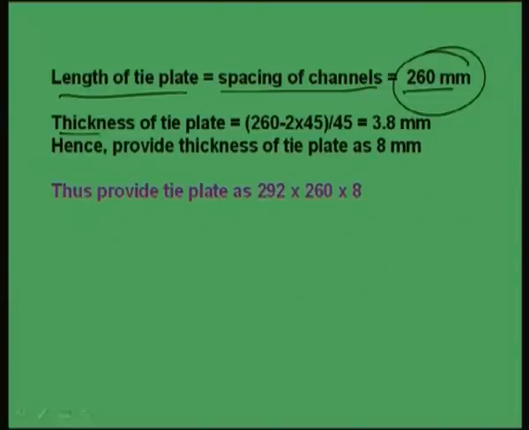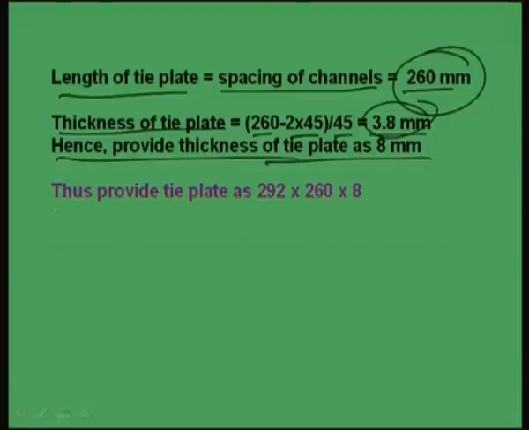And the thickness of tie plate will be 260 minus 2 into 45 by 45, which will become 3.8 millimeter. Hence we can provide some plate thickness, however we are providing 8 millimeter, a standard plate thickness.